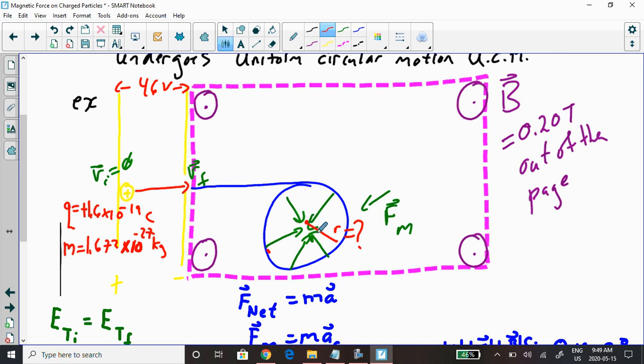But before we can find the radius of that motion, we need to find out how fast it is entering the zone of the magnetic field. It's been sped up here. It started at 0. How fast is it moving when it leaves? That's the next thing we have to do.